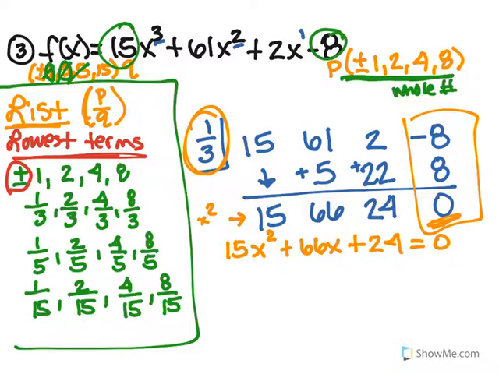That's a common factor between 15, 66, and 24. That's a GCF. I would take the 3 off. And that would help me factor. Then I'm left with 5x squared plus 22x plus 8 equals 0.